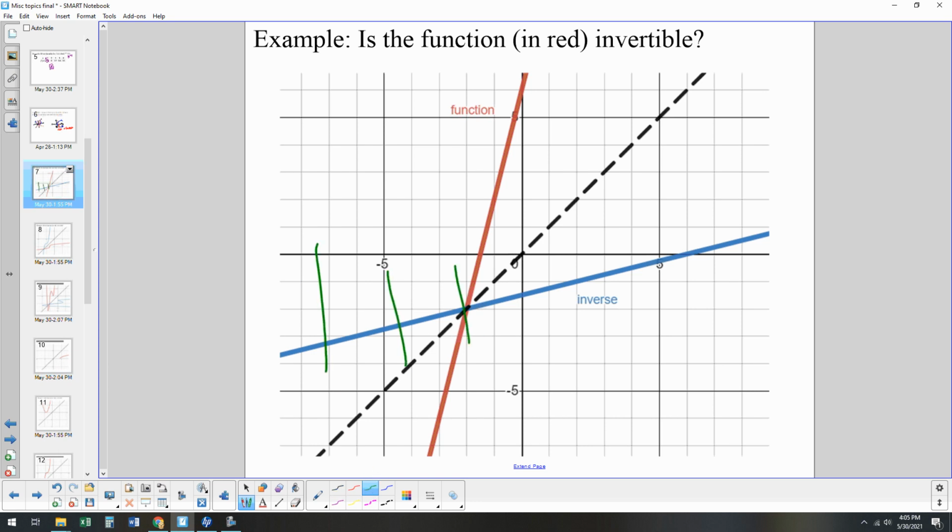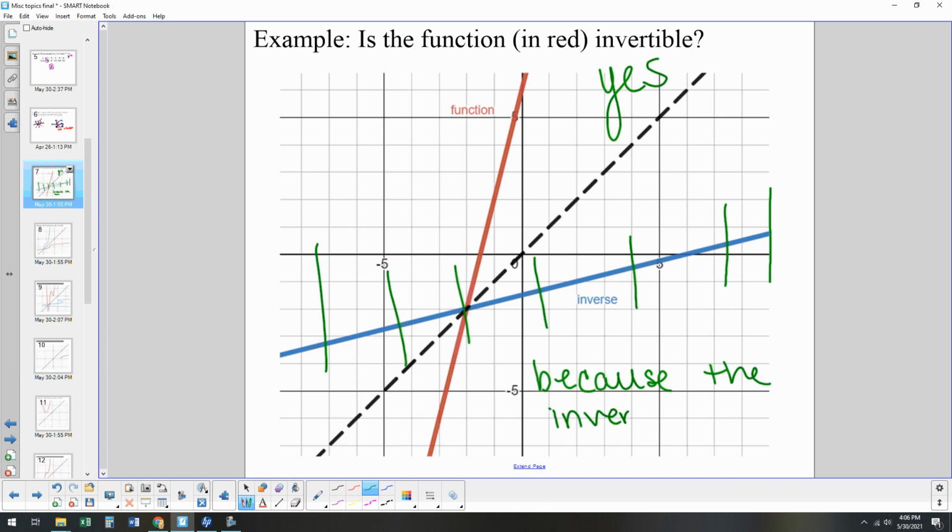No matter where I draw a vertical line on that blue line, it only touches it once. So yes, this red function is invertible because the inverse is a function. I'm going to write that out. It is invertible, yes, because the inverse is a function. I'm not going to ask you to explain, but I'm just putting why, so you know.